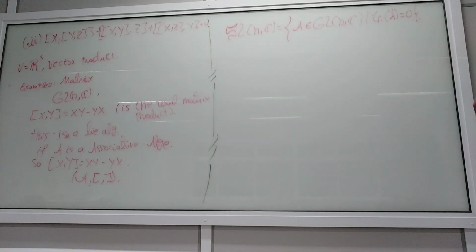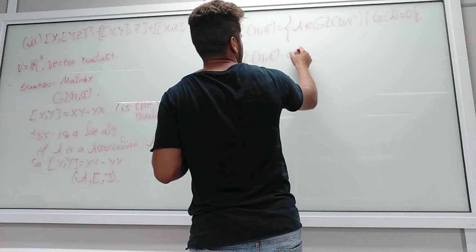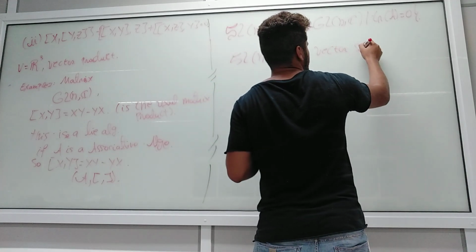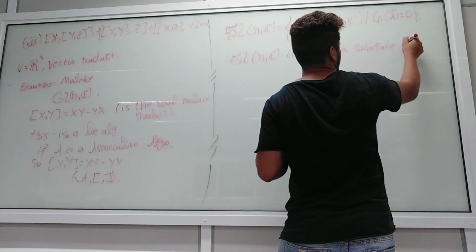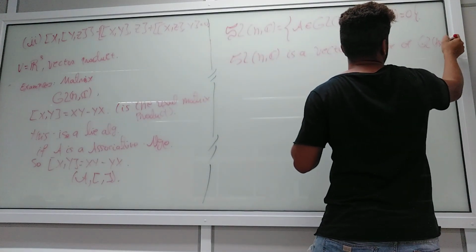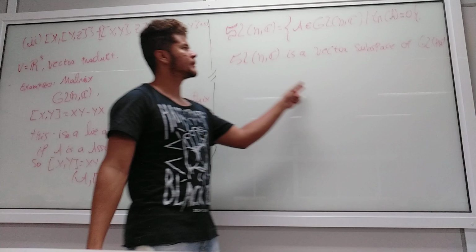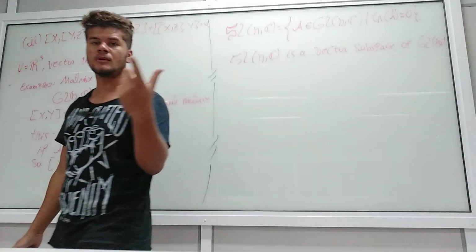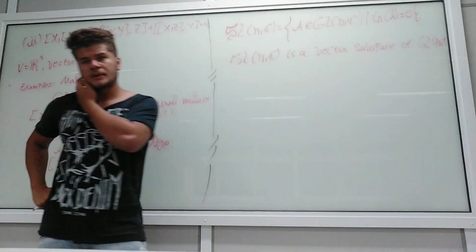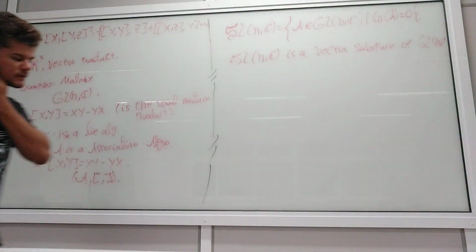It's very easy to see that SLn over C is a vector subspace of GLn over C, because the sum of matrices with trace 0 is a matrix with trace 0 too, and the scalar product clearly holds this condition too.